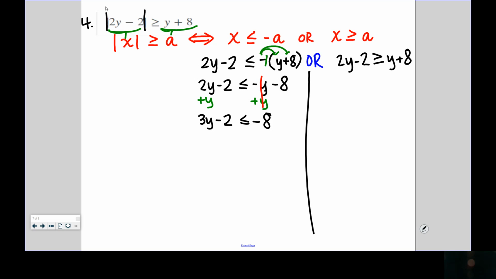Add 2 to both sides. And I think again, this one said write your answer as a decimal if you have to. We're not going to have to do that, are we? What's negative 8 plus 2? Negative 6. I was thinking negative 10. All right, now what? Divide by 3.